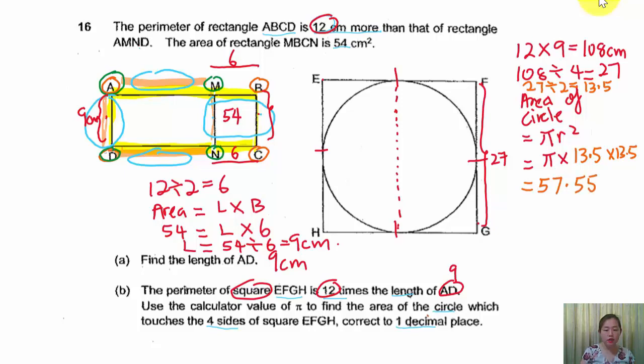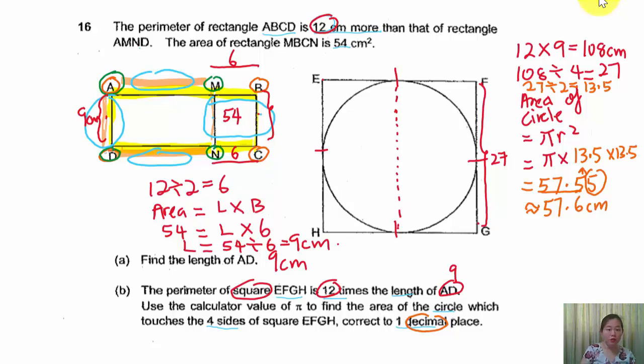And since the question asks us to round off to 1 decimal place, since this is 5, the whole number must move up and it will be 57.6 cm.